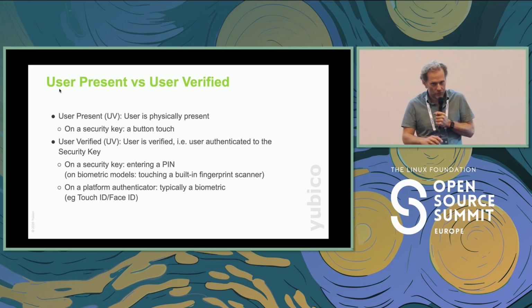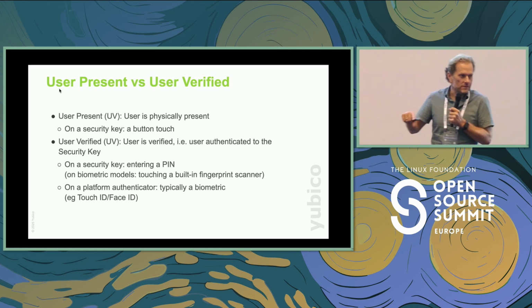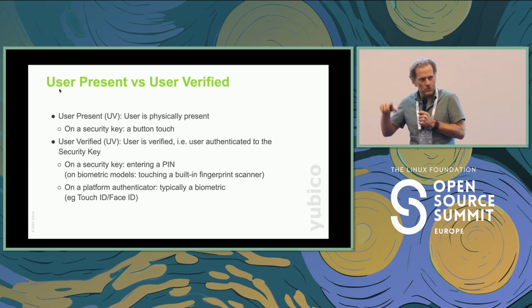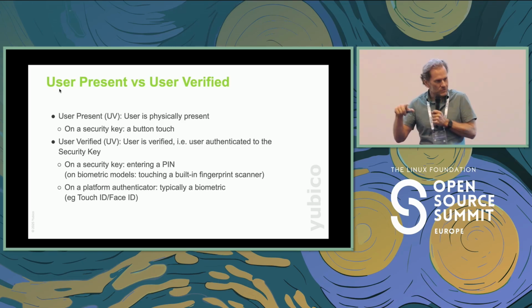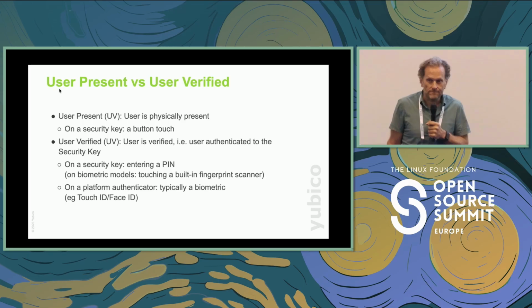So before the private key is being used to sign something, you're required to touch the button. There has to be a user present to touch or press it, depending on what kind of button it is, to authorize the signing operation.